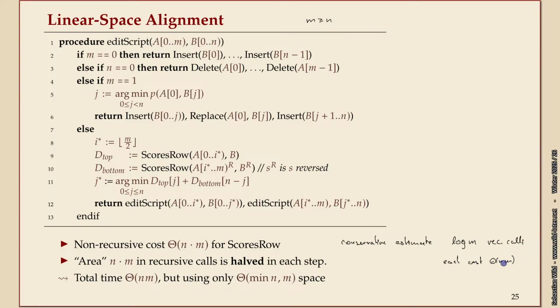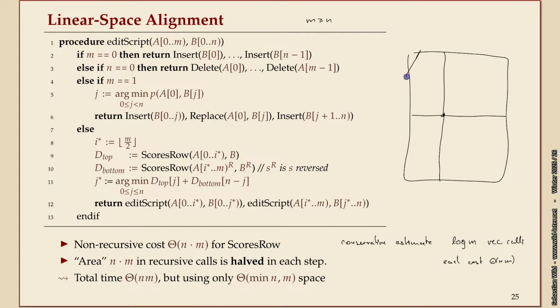But actually, if you look a bit closer, it's better than that because we get rid of half of the matrix in every recursive call. If that's your optimal midpoint, the recursive calls only look at this part, and that's precisely half the matrix. So by the standard geometric series, you sum up the full thing, then half the thing, then a quarter of the thing for the recursive calls in total.